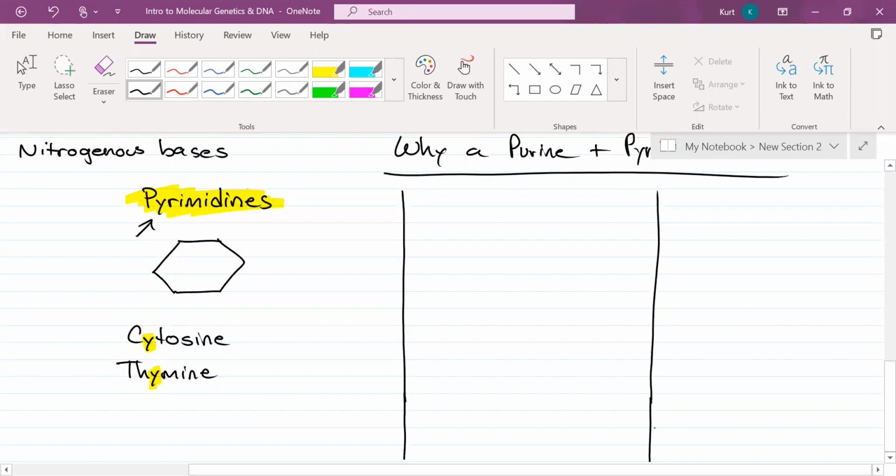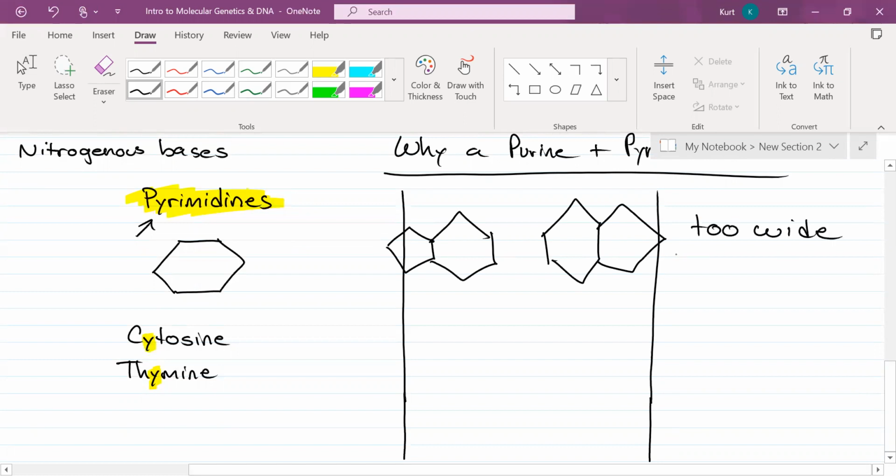If you were to do a purine and a purine, it's too wide. So purine and purine wouldn't work because the two nucleotides are too big.